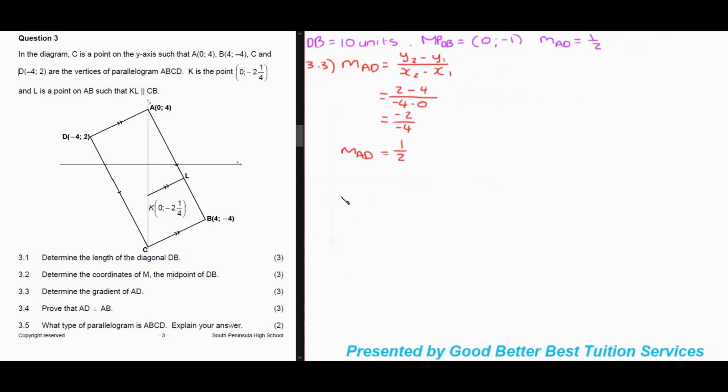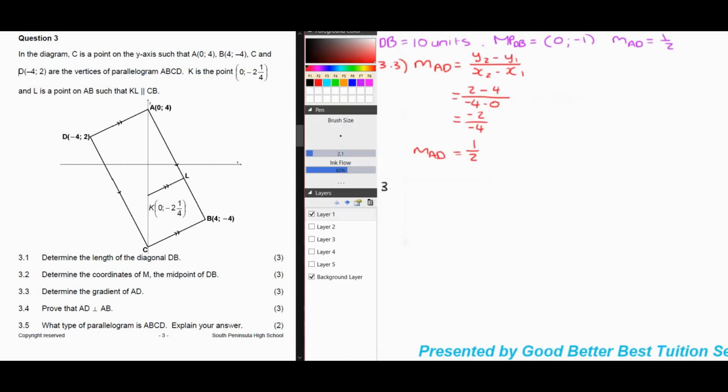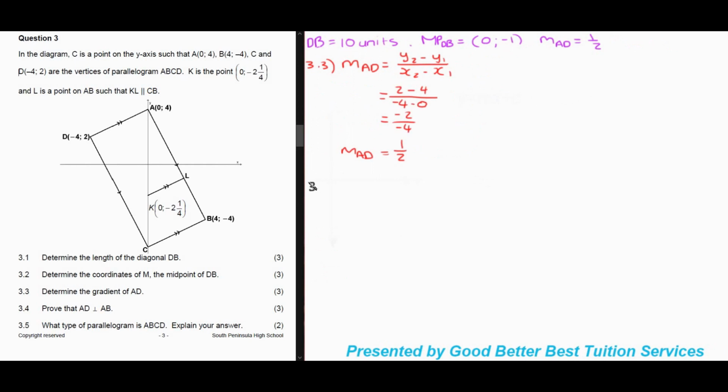Cool, so now we can move on to 3.4. Sorry, just selected the wrong color. So 3.4. It says prove that AD is perpendicular to AB. So we've already found the gradient of AD. So we need to prove now that AD is perpendicular to AB. AB is our line over here, right? And we can see they're attached over there.